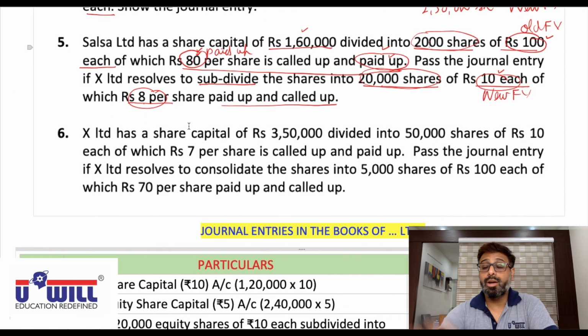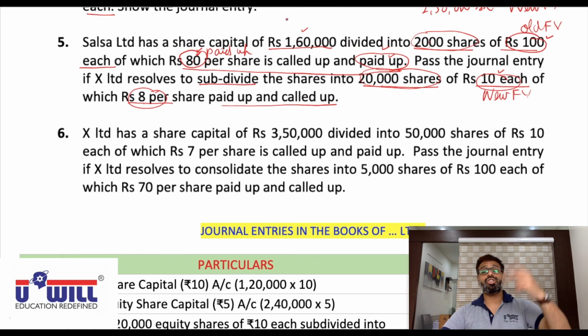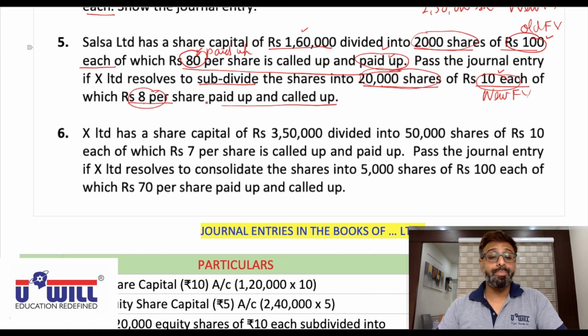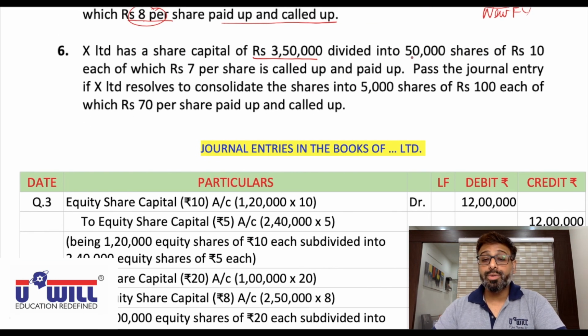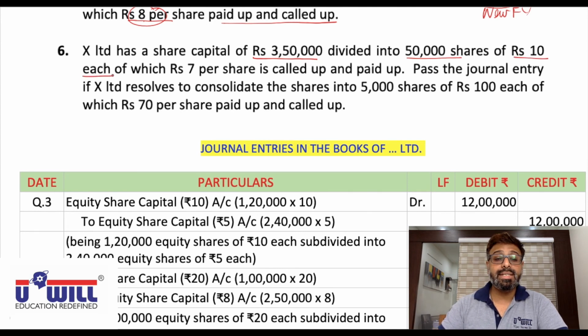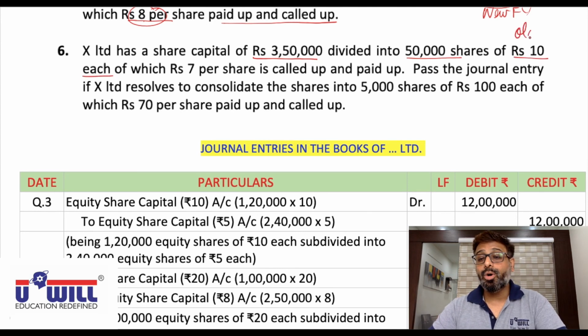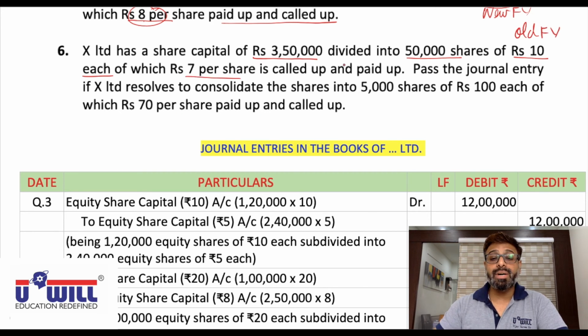Okay. Now last question 6 for today, and then question 2 you all will be trying in homework on your own. X Limited has share capital of rupees 3,50,000 divided into 50,000 shares of rupees 10 each. What is 10? Old face value, of which 7 per share is called up and paid up. So that's why 50,000 into 7 amount is 3,50,000.